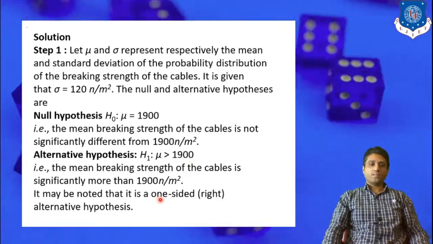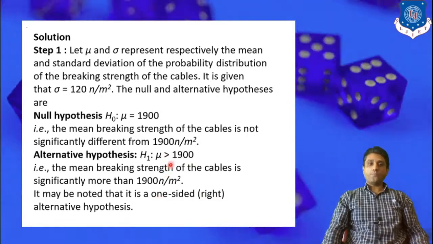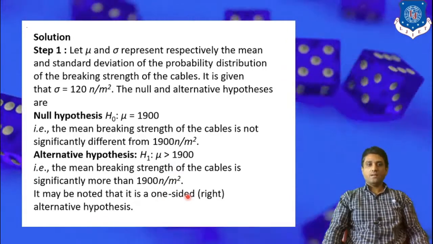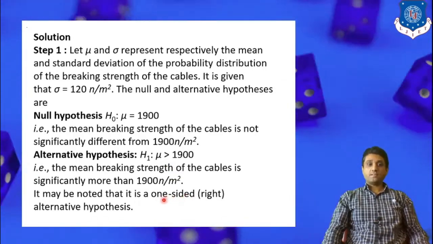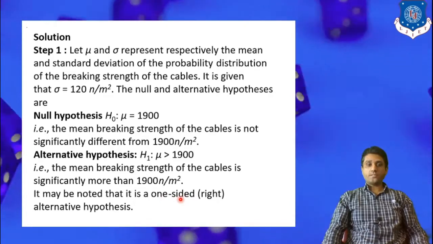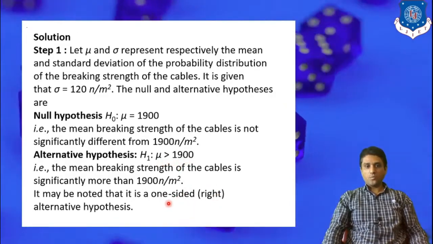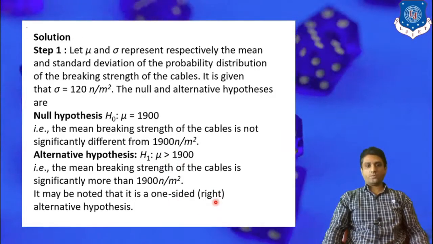Remember, from the alternative hypothesis you decide whether to go for a two-sided alternative hypothesis or a one-sided alternative hypothesis. More precisely, if mu is greater than mu 0, that is a one-sided right alternative hypothesis.